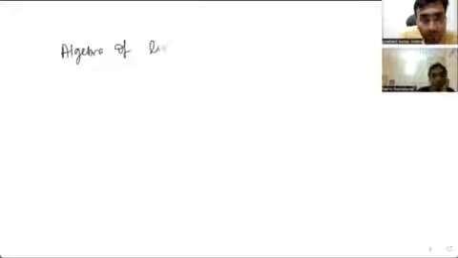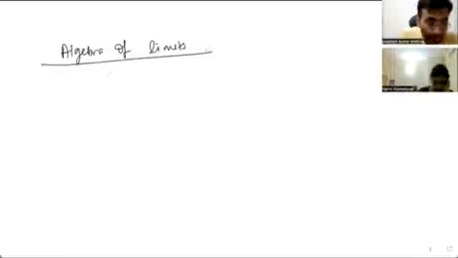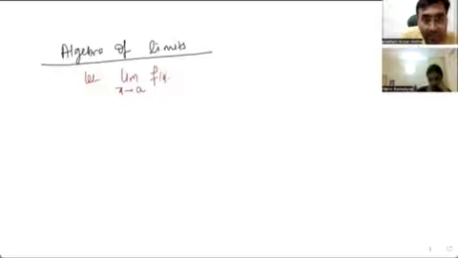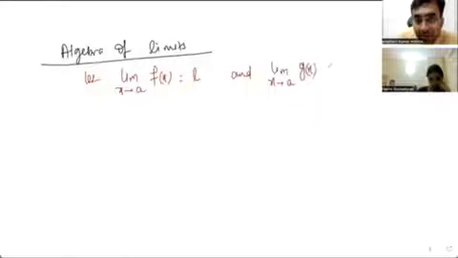Now see, algebra of limits. First of all, let limit x tends to a, f(x) equals L, and limit x tends to a, g(x) equals m. Now, algebra of limits means reading the properties of addition, subtraction, multiplication, and division of limits.